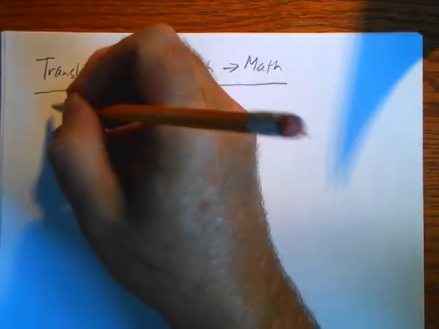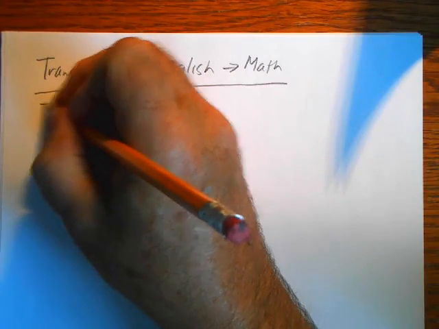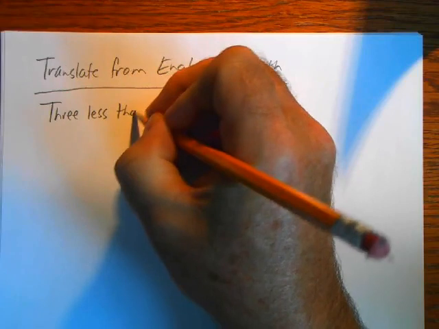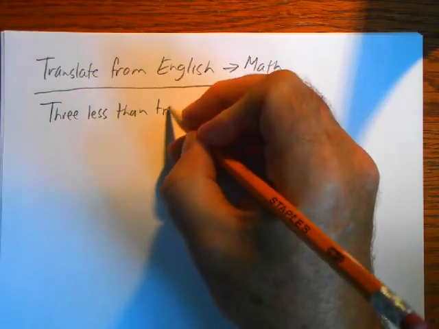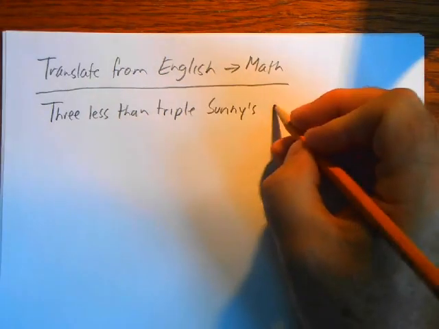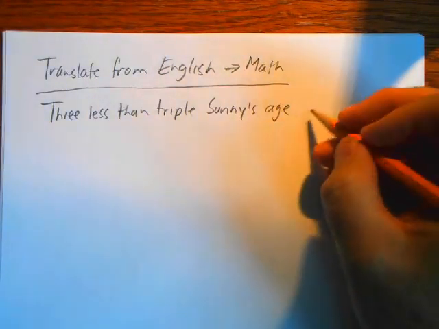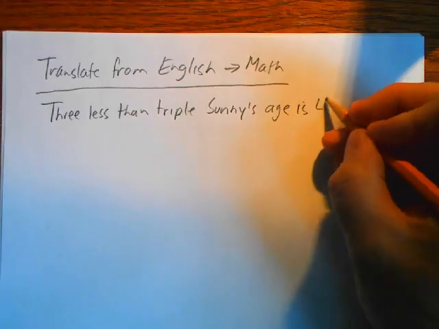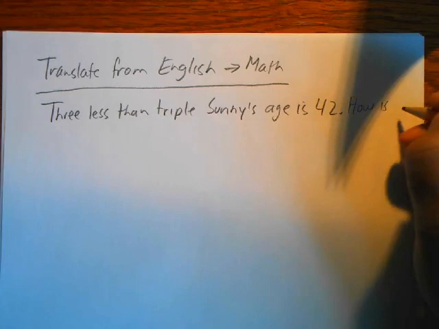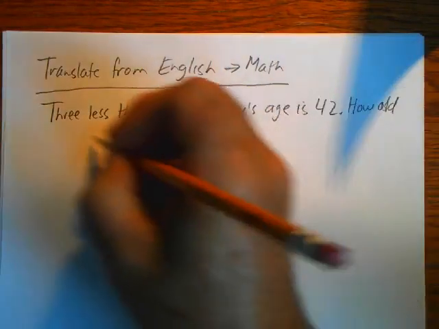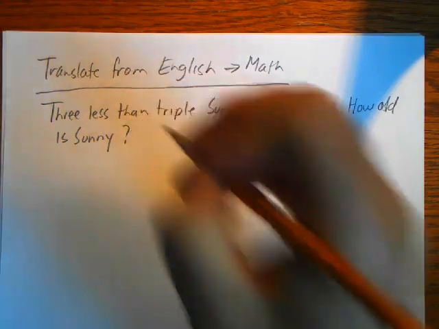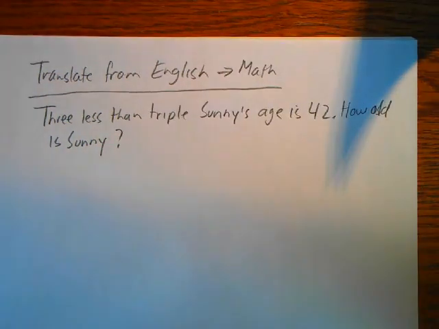Okay, so this word problem says: 3 less than triple Sunny's age is 42. How old is Sunny? Okay, so that's a pretty standard looking word problem.